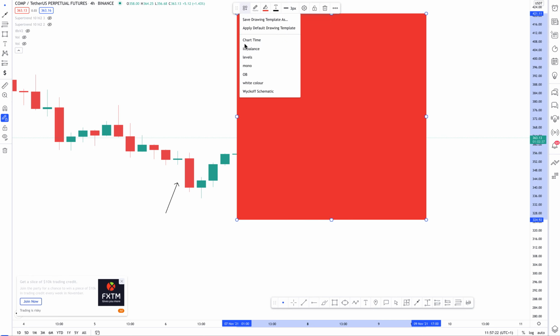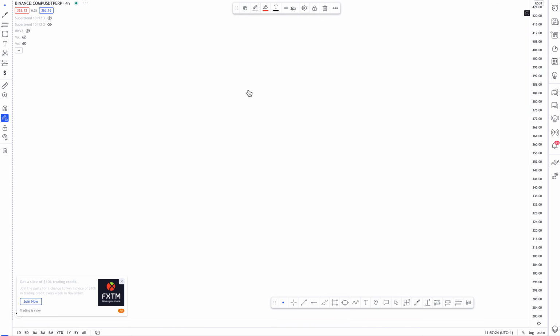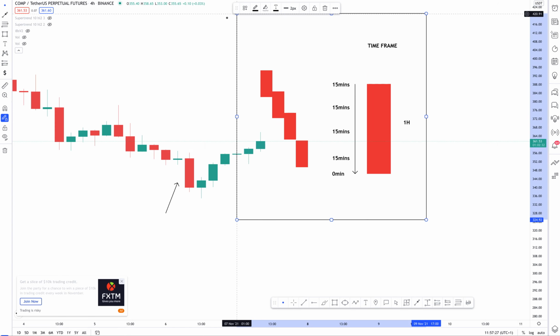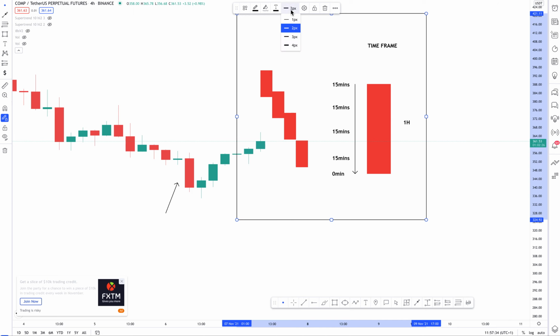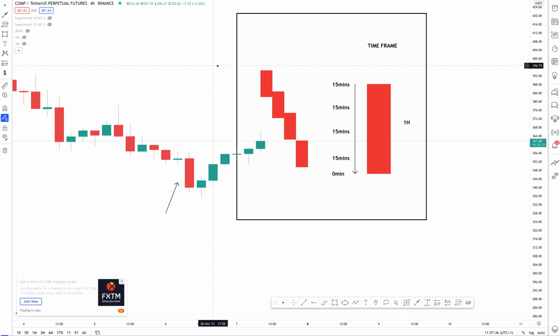So each candle represents a time frame. Here we have a 1-hour chart, or a 1-hour time frame, and if you use a 15-minute time frame in this 1-hour candle, you get different 15-minute candles: 15, 15, 15, 15. 30 minutes gives you 1 hour.